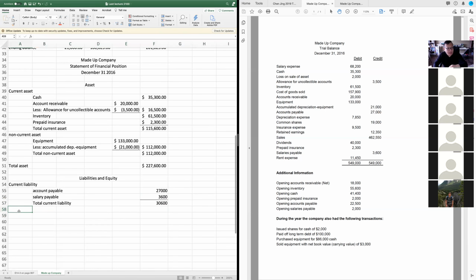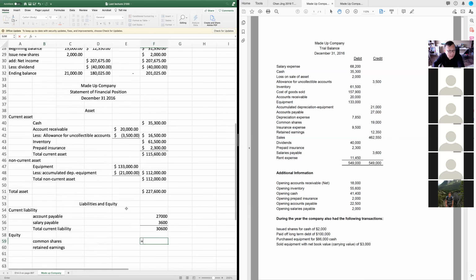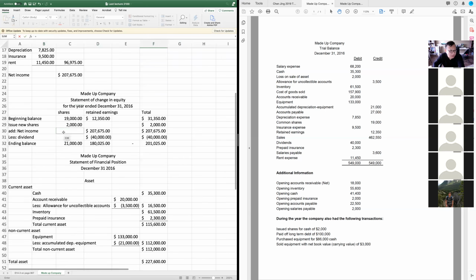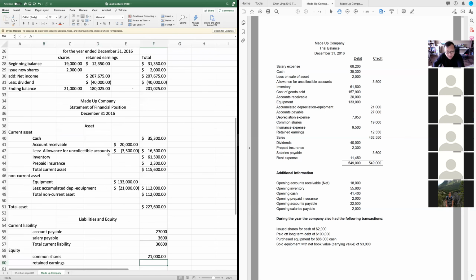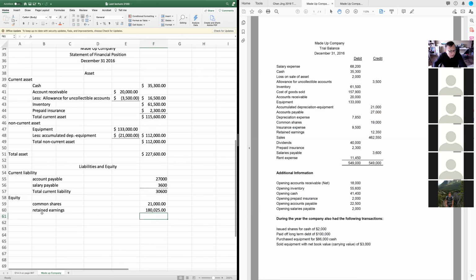So now it's the equity of shares. Common shares, and this number I can get from the last one, right? So common shares, that's this number. The retained earnings is this number. So total, these two together.